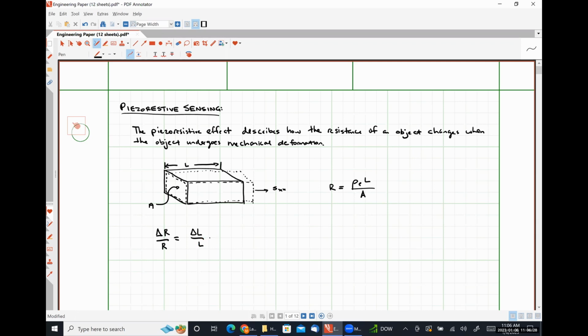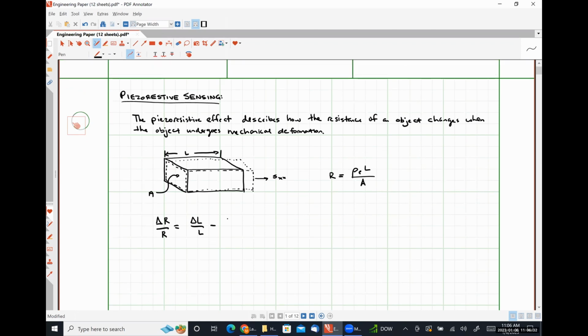And then because the area is getting smaller, delta A over A. But then we're also going to have an additional term here. Change in resistivity over resistivity, okay?